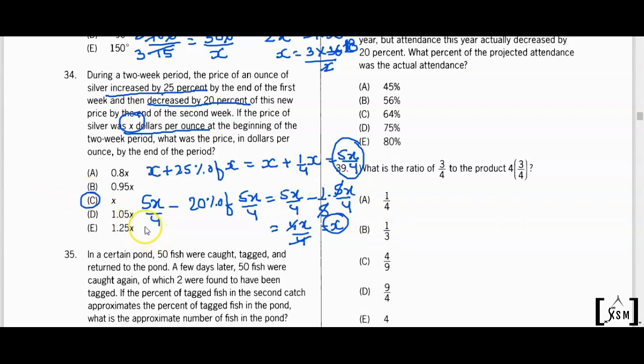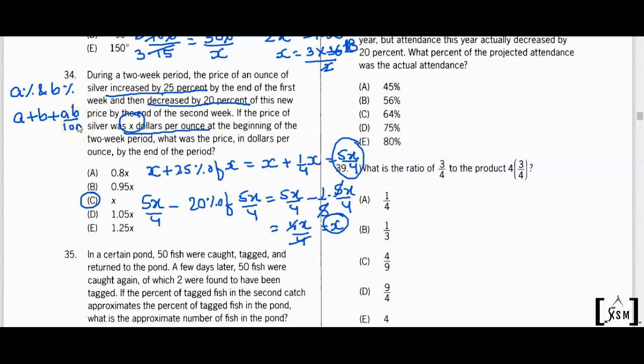Okay. Let's learn this question with the second method. Guys, please understand, for two consecutive percentage changes, A% and B%, the combined single percentage change would be A plus B plus AB over 100.